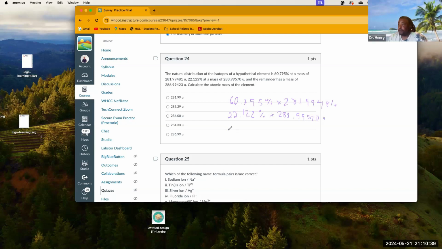And the remainder is going to be 17.083% times 286.99423 units.